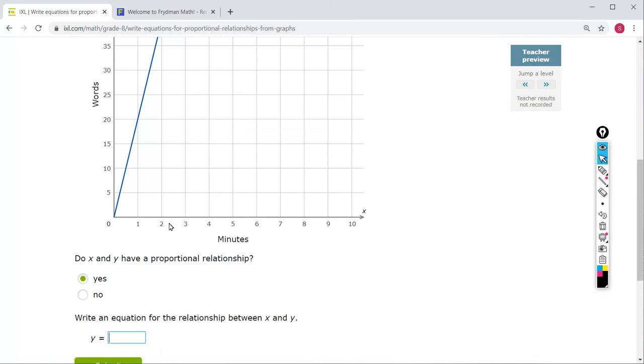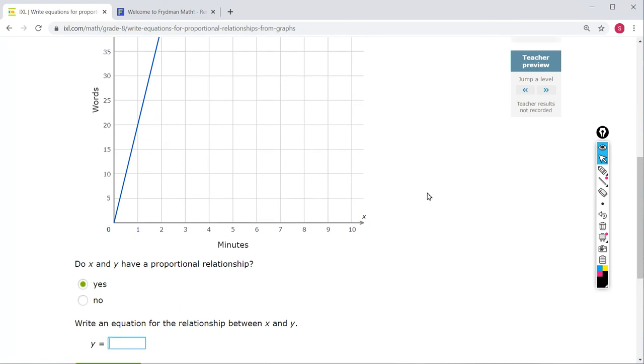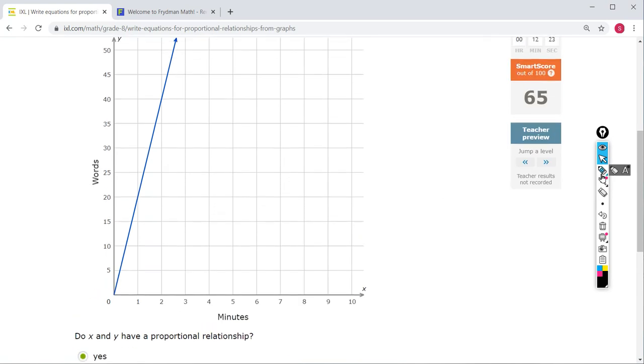Okay, now that we know that it's proportional, we can use our proportion strategy to figure out the equation that goes along with it. And this we've done before. So let's pick a point. Here's a point, good point right over here.